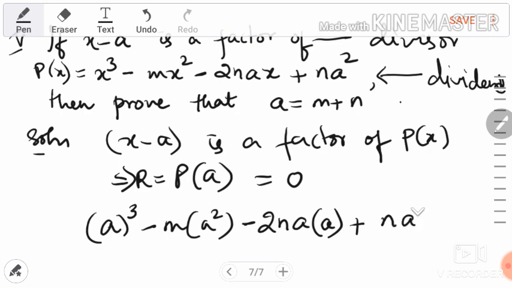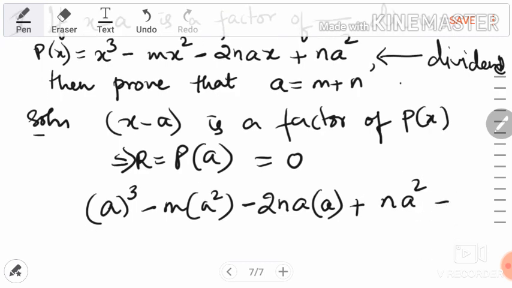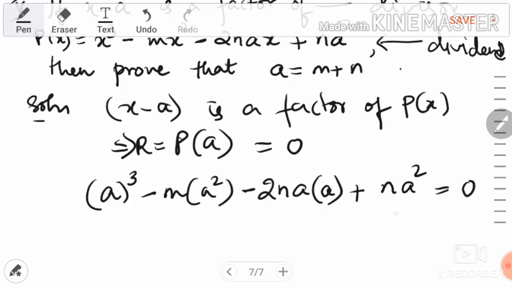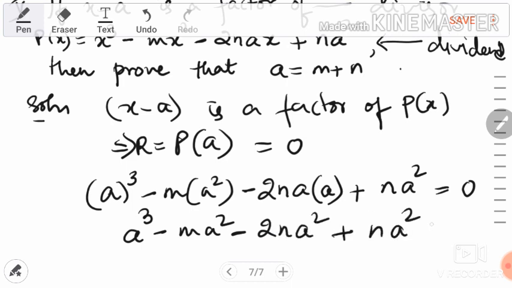N times a square is equal to 0. So we have an equation which we have to solve. So a cube minus m a square minus 2n a square plus n a square.